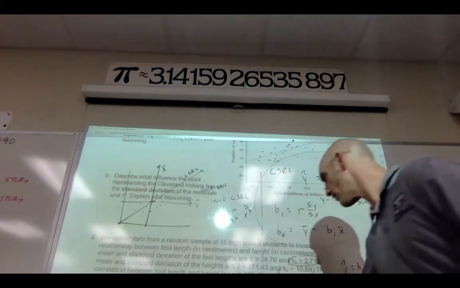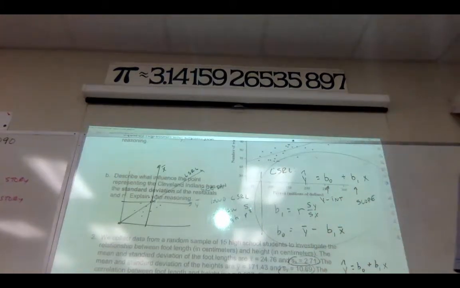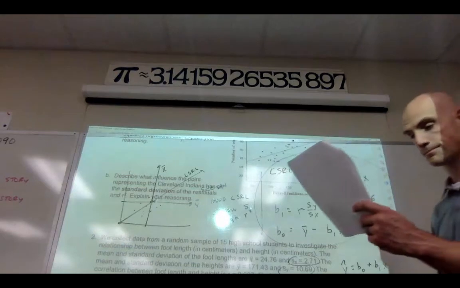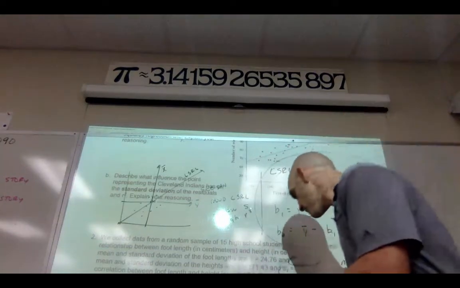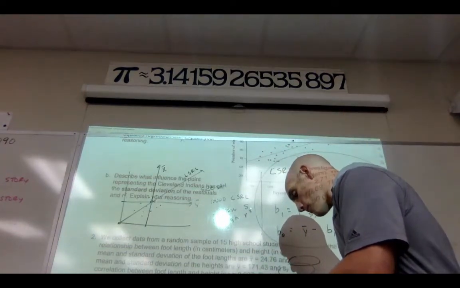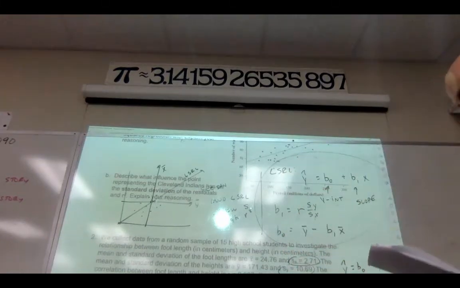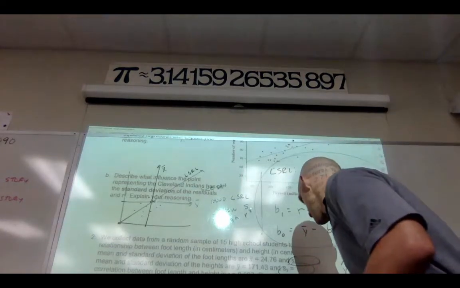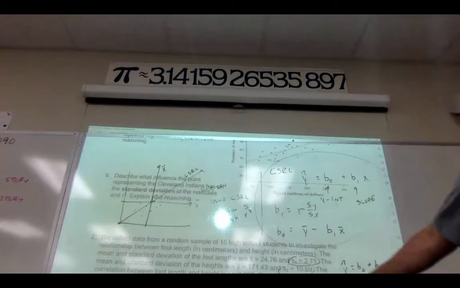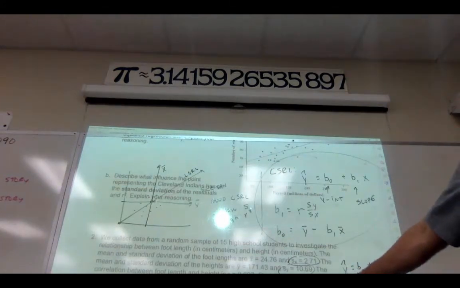What do you get for b sub 0? 103.34. You don't have the answer yet.